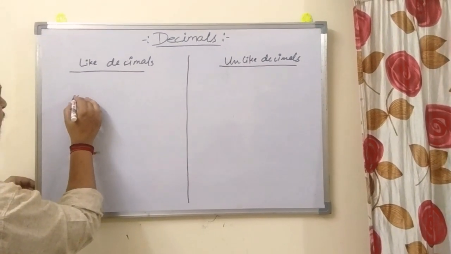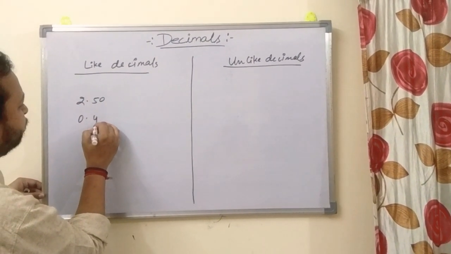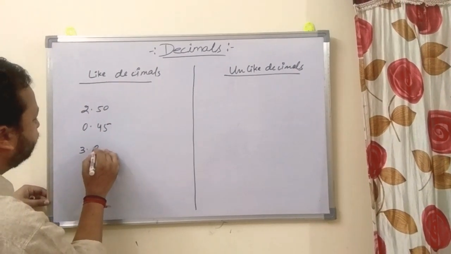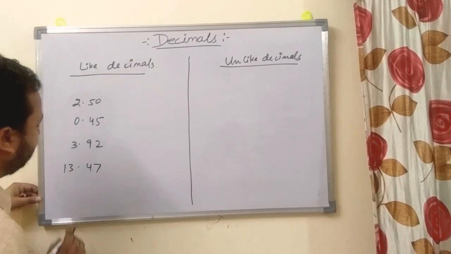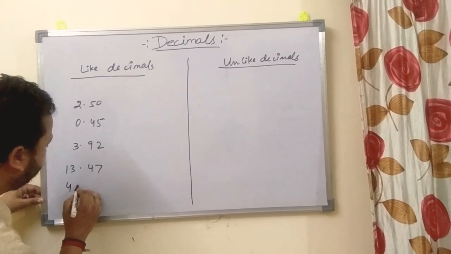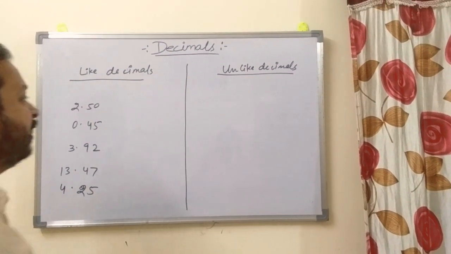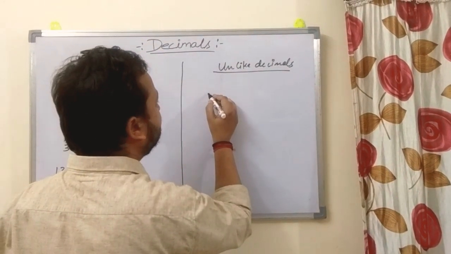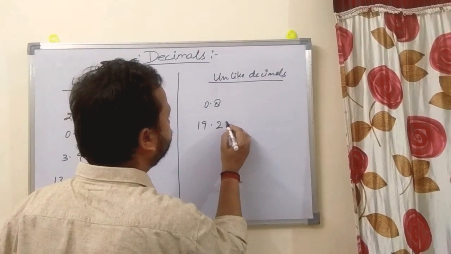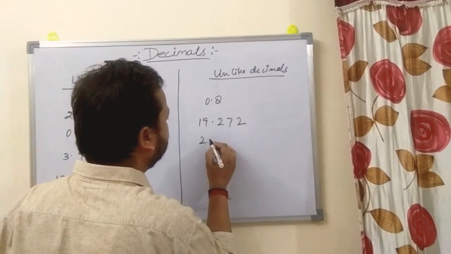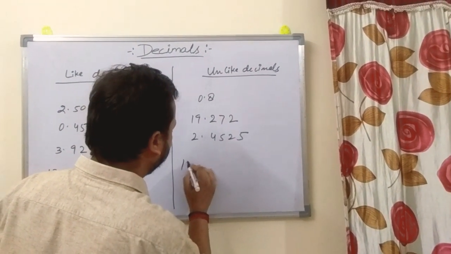If numbers are written as 2.50, 0.45, 3.92, 13.47 or 4.25, right? And in this part, suppose the numbers are written as 0.8, 19.272, 2.4525 or 13.07, right?